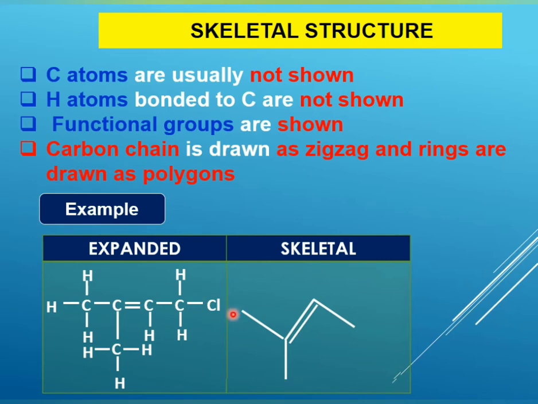And there is a halogen group attached to the end of another carbon. So the carbon-carbon double bond functional group and halogen functional group are shown in my skeletal structure.